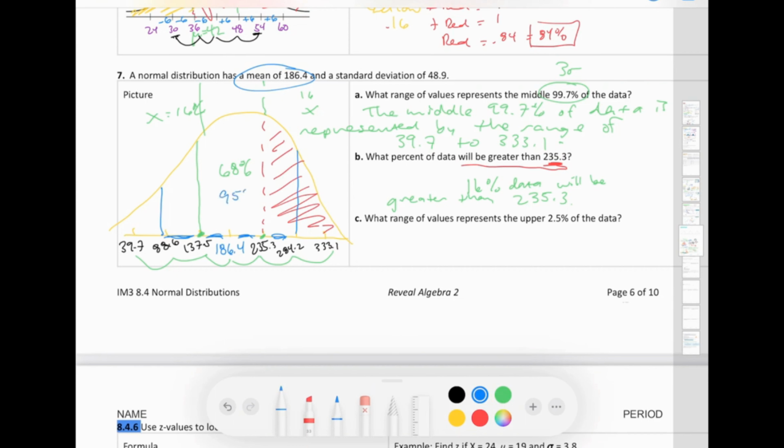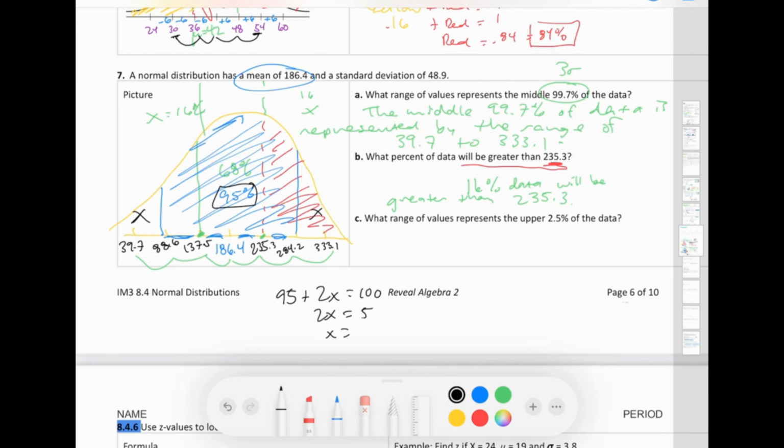This represents 95%, the blue. So think of it as x plus 95 plus x equals 100. So 95 plus 2x equals 100, subtract it, 2x equals 5, that means x equals 2.5%.